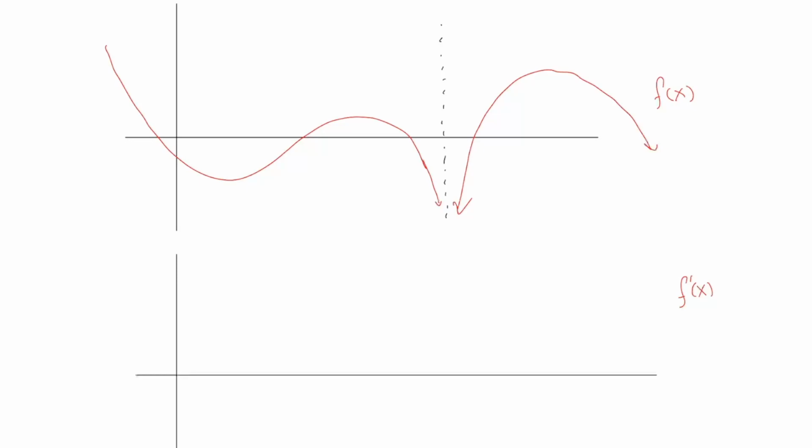Find the dots first, places where it's... Positive with that.